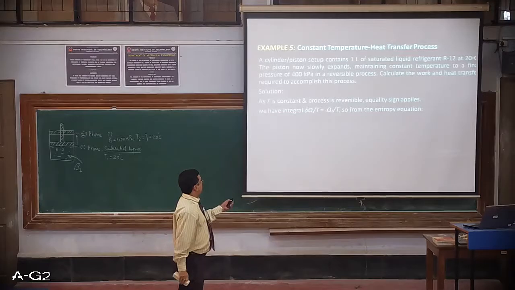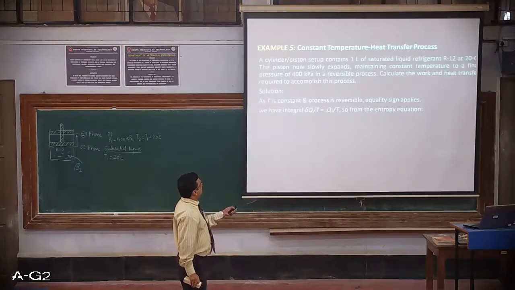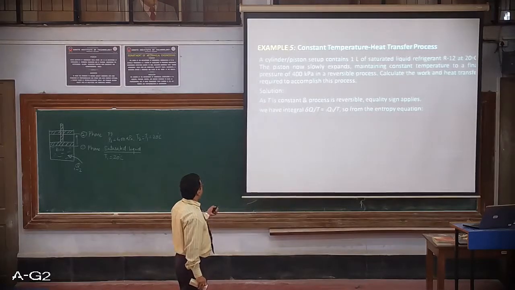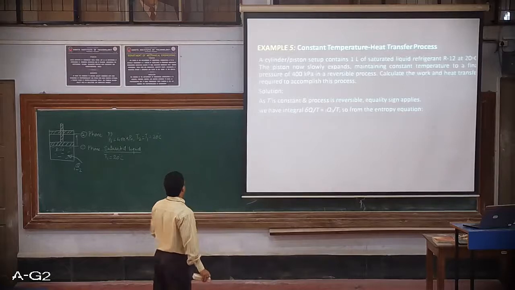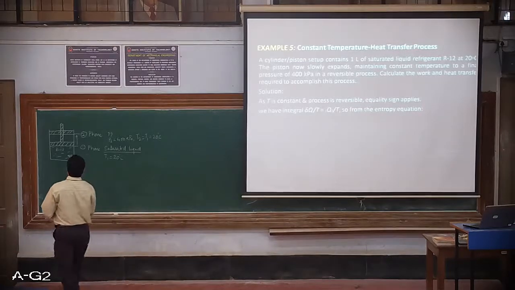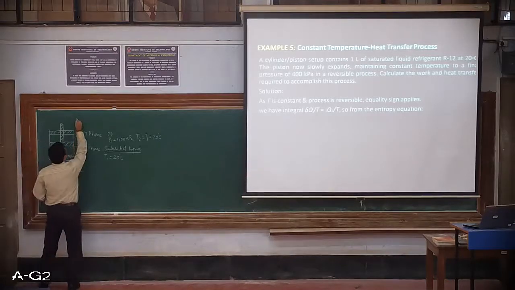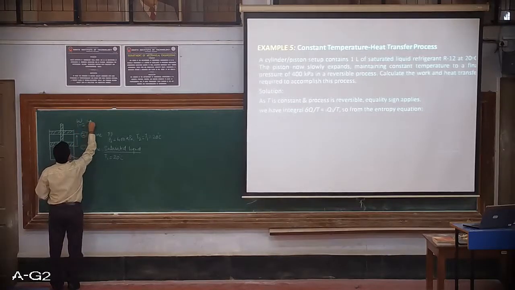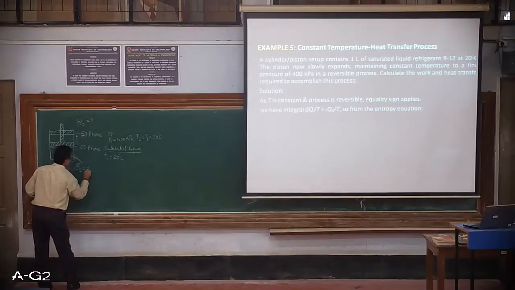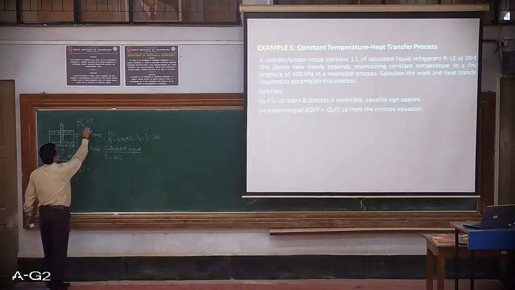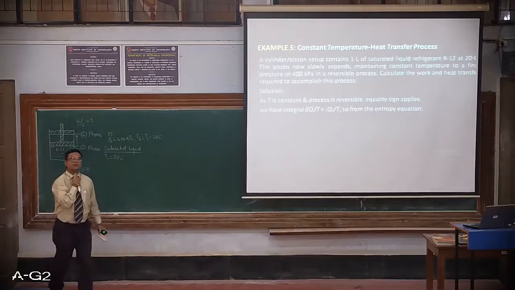That is very important. Now calculate work and heat transfer required to accomplish this process. Obviously, since heat is supplied over here, it is going to expand. So the expansion means work is done from 1 to 2. So you have to evaluate both: what is the heat transfer and what is the work transfer for the given case.